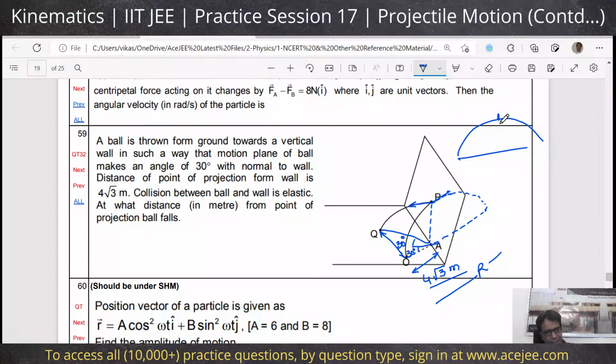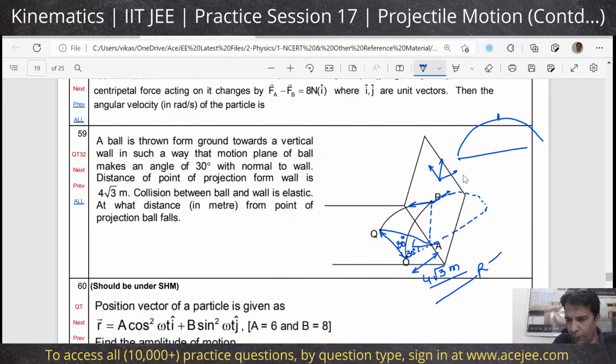Now, let's understand something, this is important. If you think about the velocity, let's say it had components in X, Y, and Z directions. That means it had a component along the wall, it had a component like this, and it had a component like that. Right? These are the velocity components.